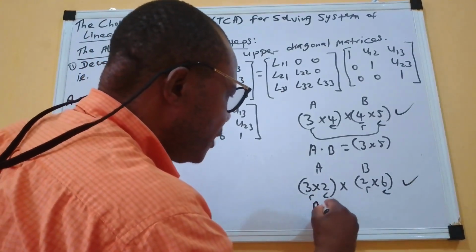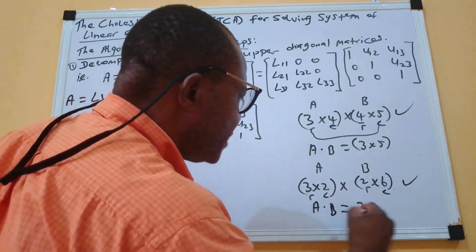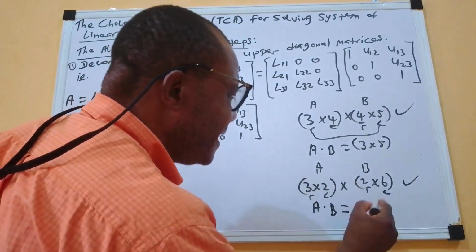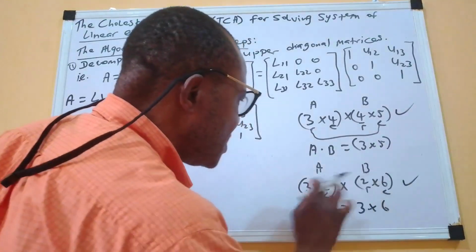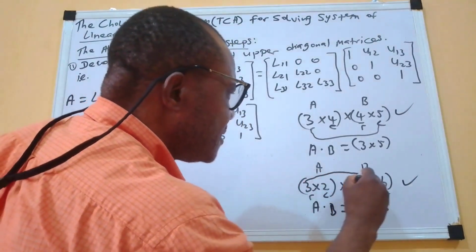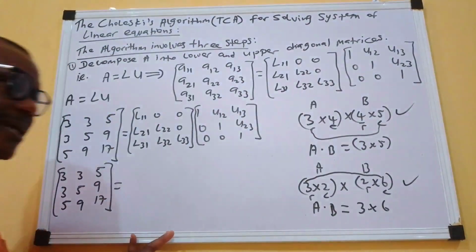The answer A dot B you are going to get will be a 3 by 6 matrix.